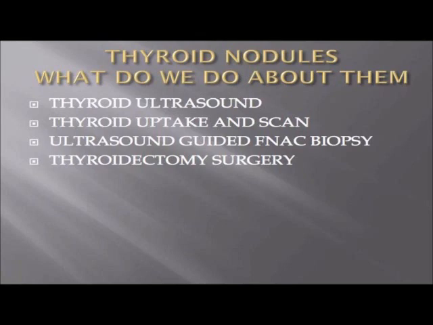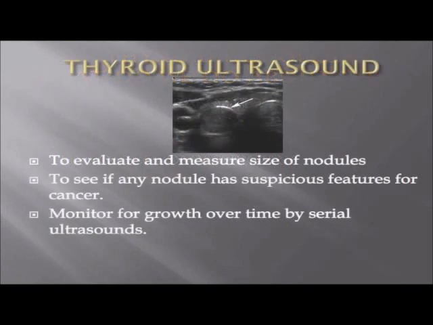Even if thyroid nodules get discovered on a CT scan, we still do a thyroid ultrasound, because that is how we delineate the nodules and their size, and how we discover any suspicious features, like irregular margins and vascularity. We also do this as a baseline and then monitor it over time to make sure the nodules are not growing.